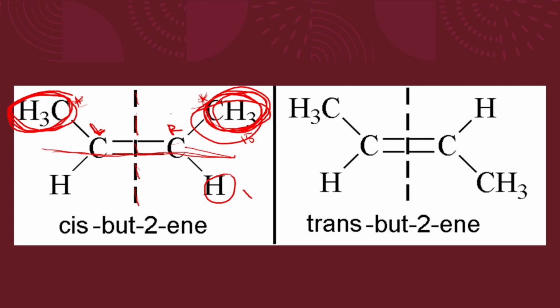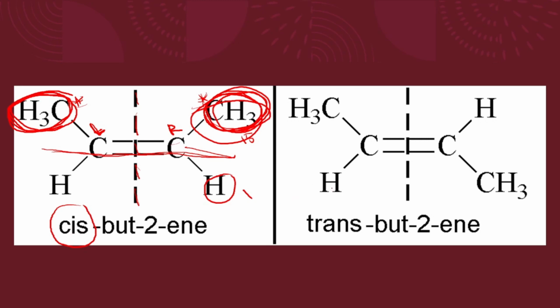As we can see, both groups of the higher molecular weight are up. They are not down here. They are above this line. So this compound is cis. If the two groups of the higher molecular weight are in the same direction, the compound is said to be cis.